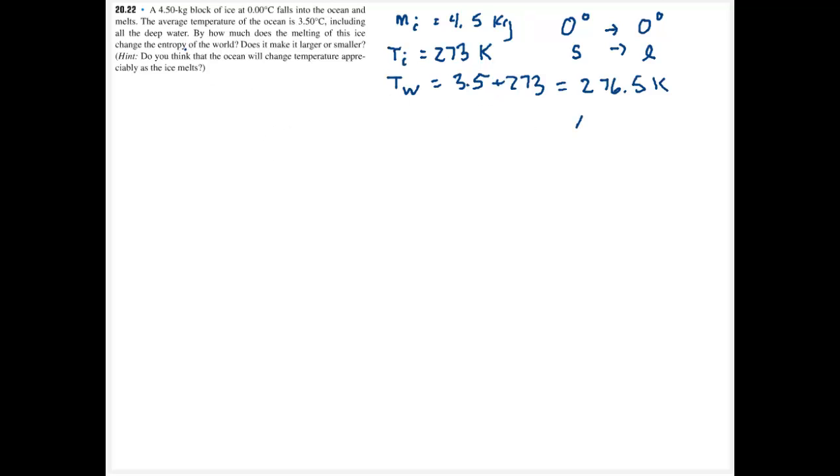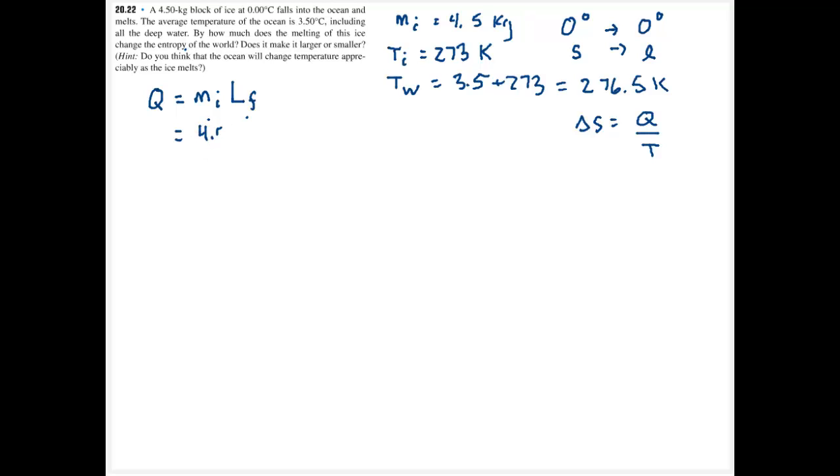I know that entropy, this delta S, is going to be equal to the heat flow divided by the temperature, and the amount of heat flow is actually going to be the same for the ocean and for the block of ice. The heat is going to flow out of the ocean, it'll be negative, and it's going to flow into the block of ice. The amount of heat flow is how much heat it takes to change that ice from a solid to a liquid, so simply the mass of the ice multiplied by the latent heat of fusion for ice.